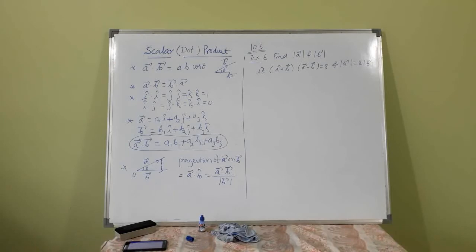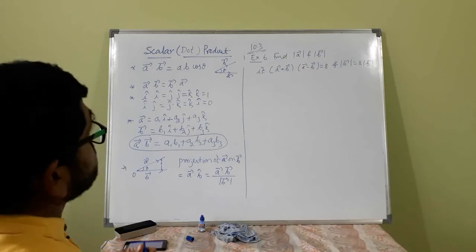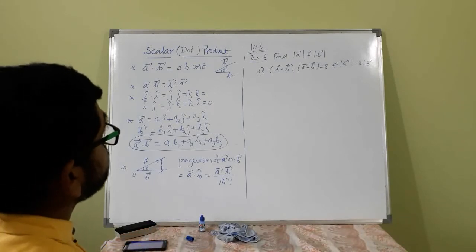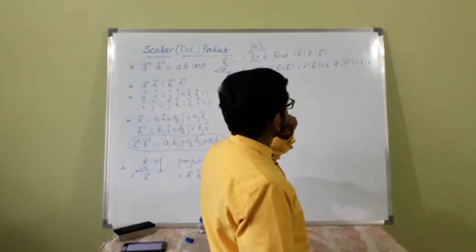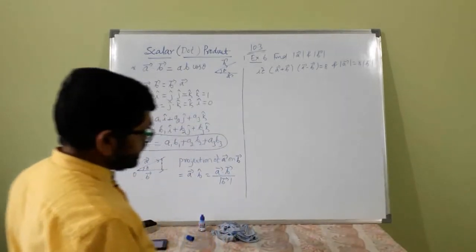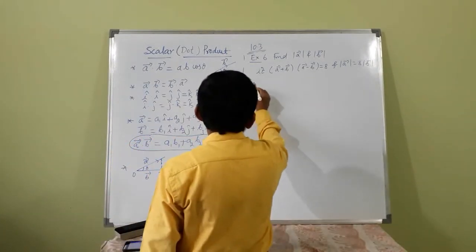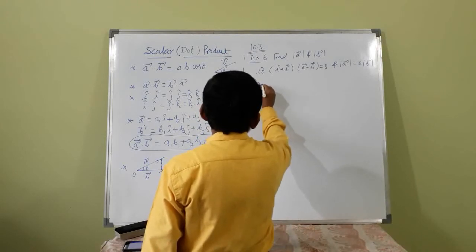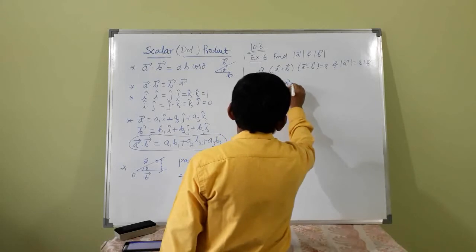Next question, sixth one: find magnitude of A and magnitude of B. A plus B dot A minus B is equal to 8, and magnitude of A is 8 times magnitude of B. Okay, what is A plus B dot A minus B?